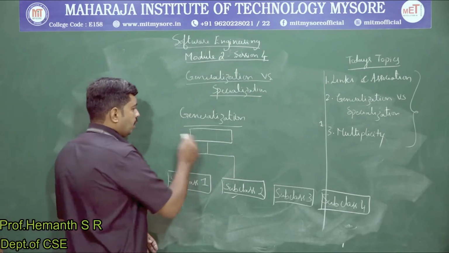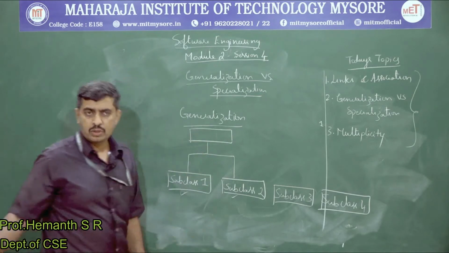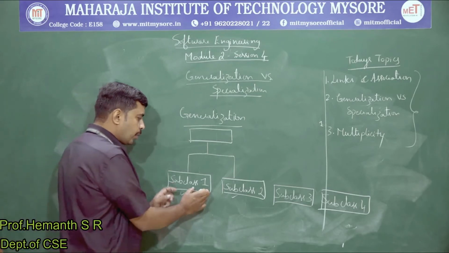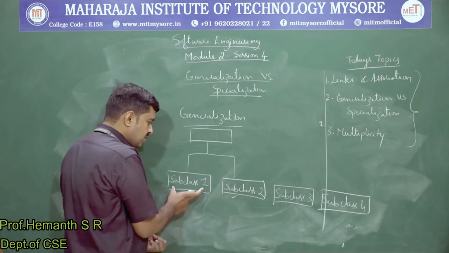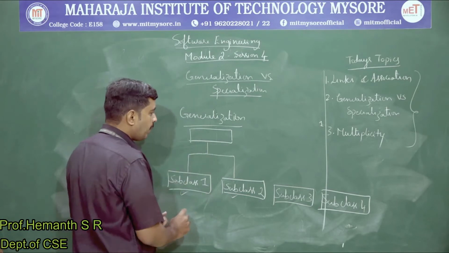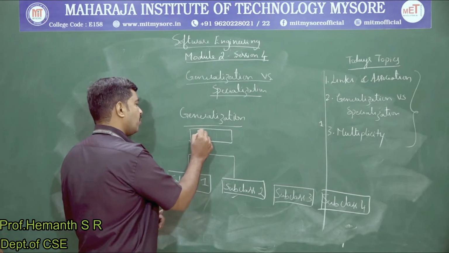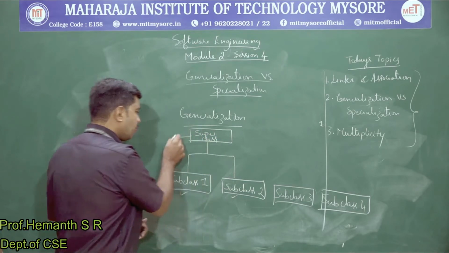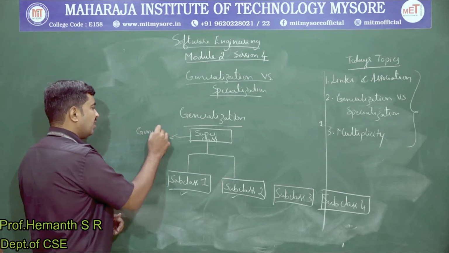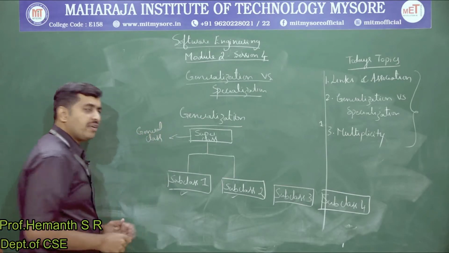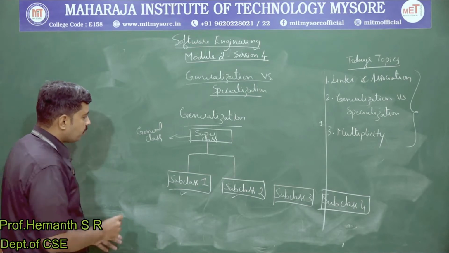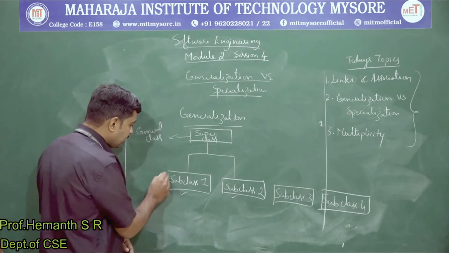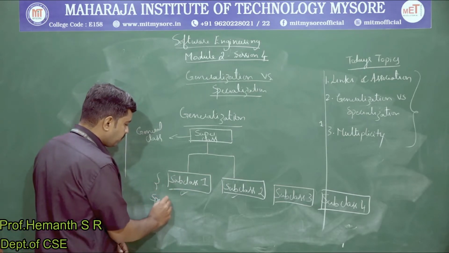Whatever attributes and properties were shared between subclass 1 and subclass 2 have been combined and a general class has been formed. We call it a superclass. In this case, the superclass is a general class. So what exactly have we done here? We have moved from specialization. Our subclass is a specialization here.